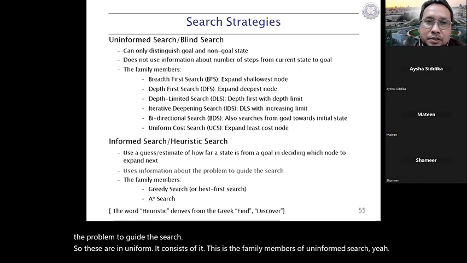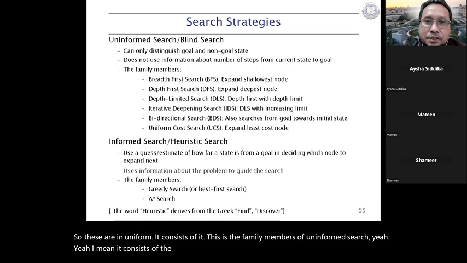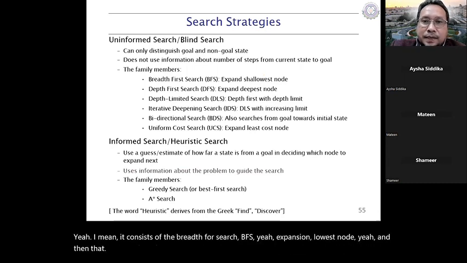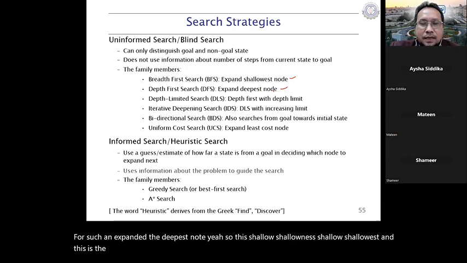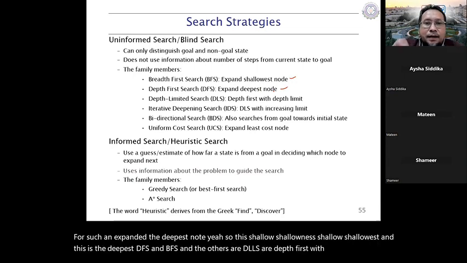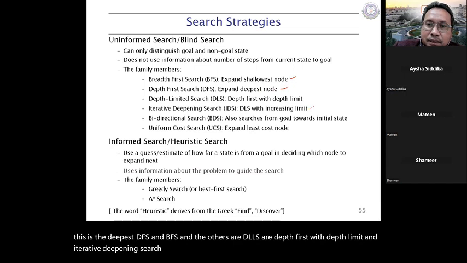It consists of breadth first search, BFS, which expands the shallowest node, and depth first search, DFS, which expands the deepest node. The others are DLS, depth first with depth limit, and iterative deepening search, IDS, which is DLS with increasing limit.